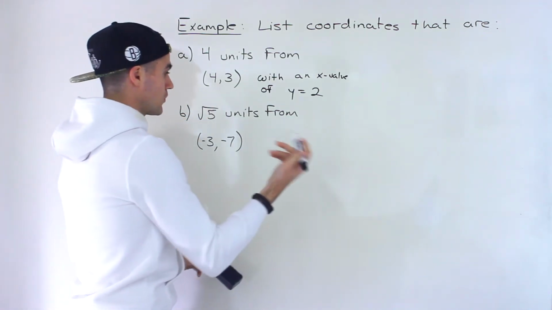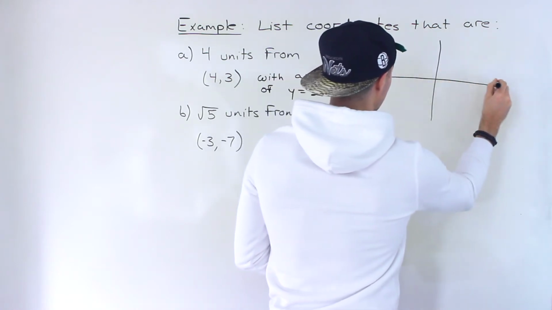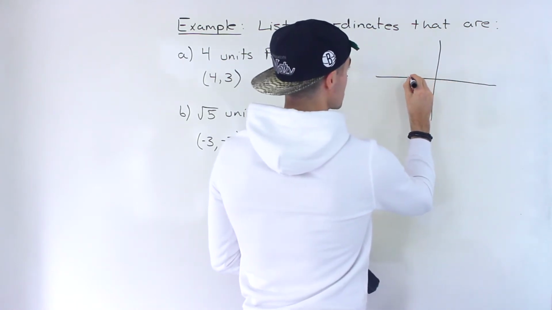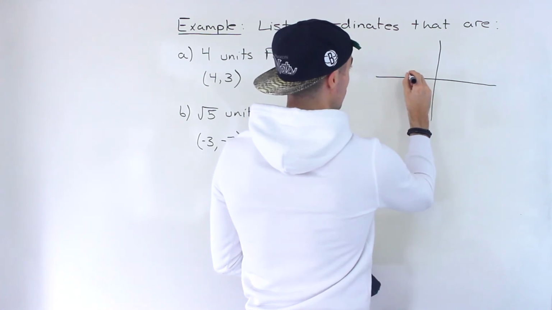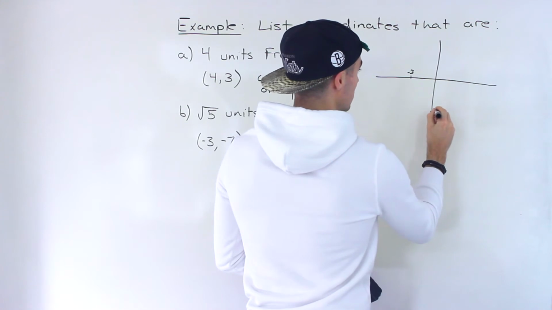But same process applies. So what we can do is, let's first draw the point. So we got -3, and then let's say -7 is like down here.